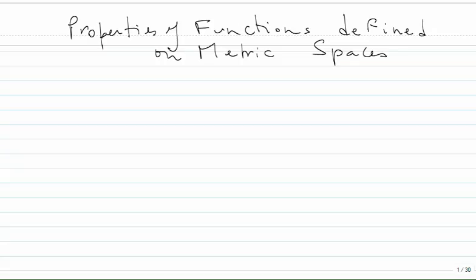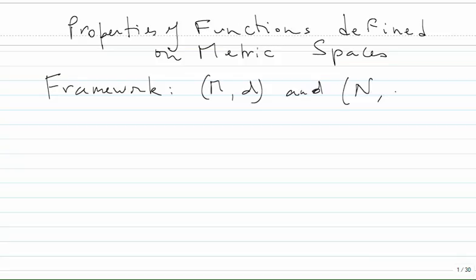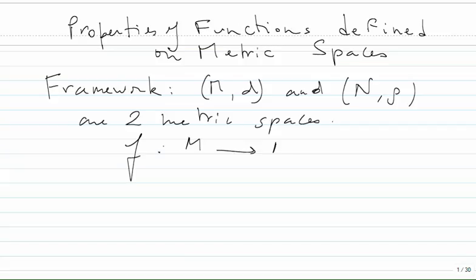So here we will assume, as the framework throughout all these web notes, that (M, d), the set of inputs, and (N, rho) are two metric spaces. F going from M into N will be called a function.